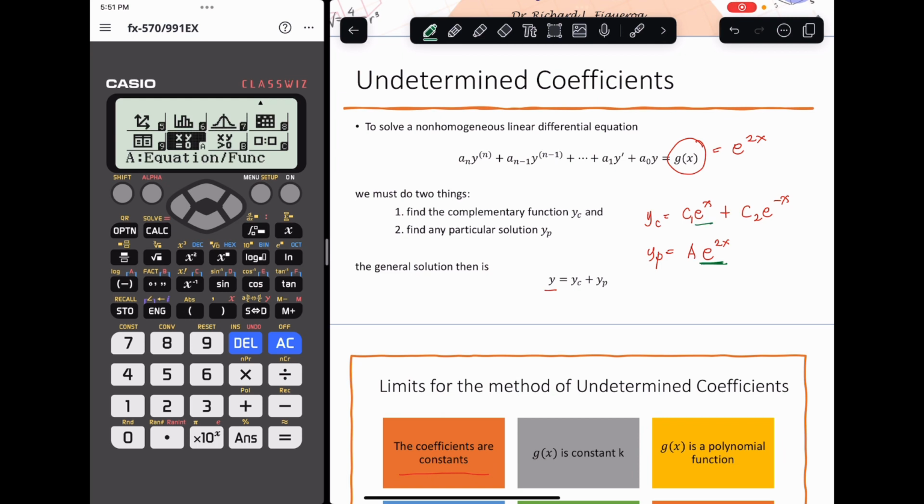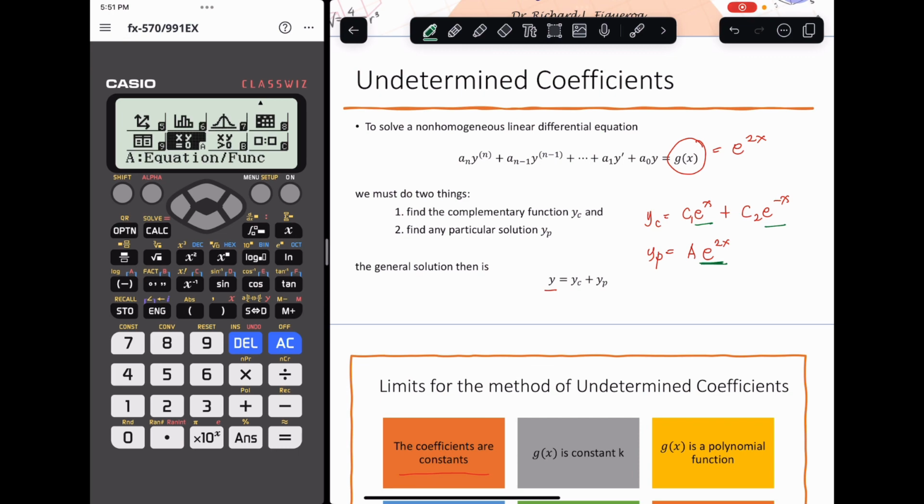They are not the same. Similarly, e raised to negative x is not the same as e raised to 2x. If we cannot find a term in our particular solution which is a duplicate of a term from the complementary solution, then that falls under case 1 for undetermined coefficients. Meaning there's no duplicate between the complementary solution and the particular solution.